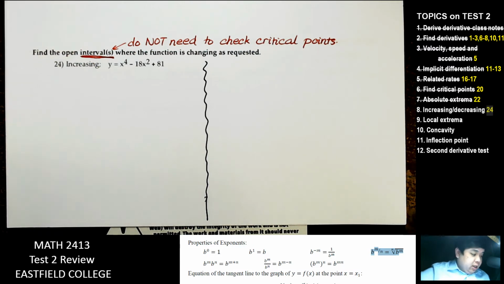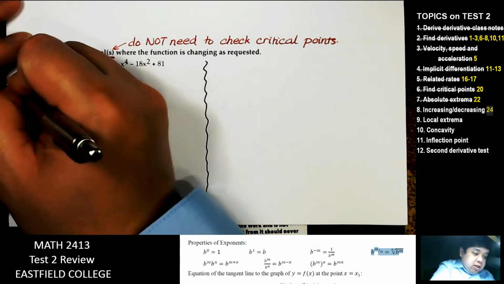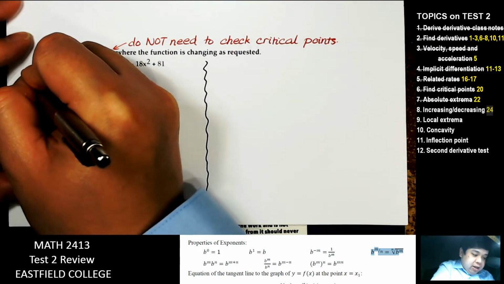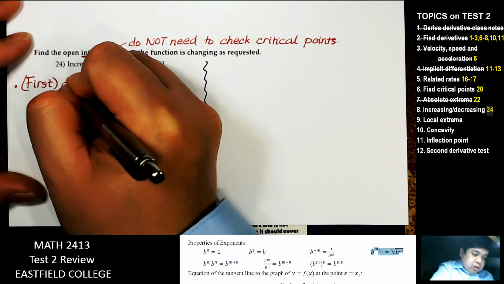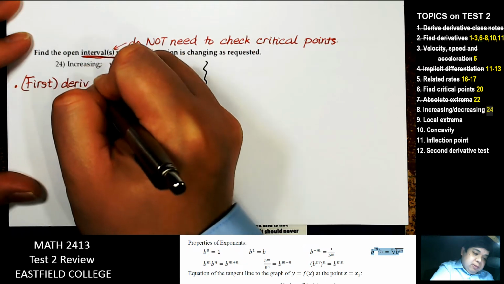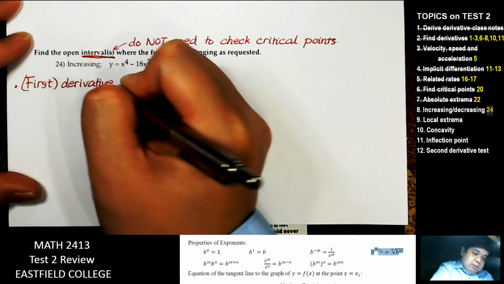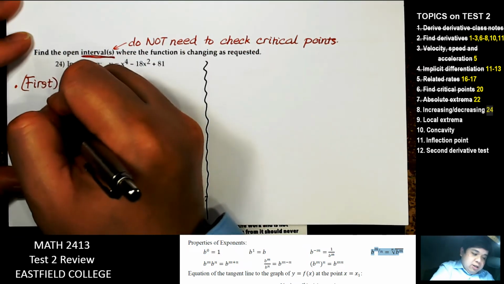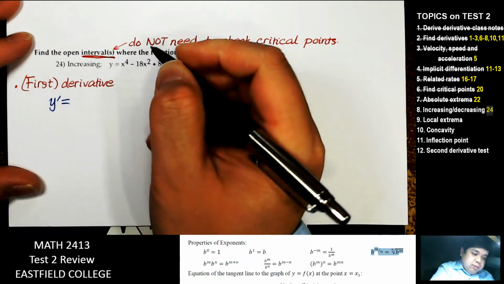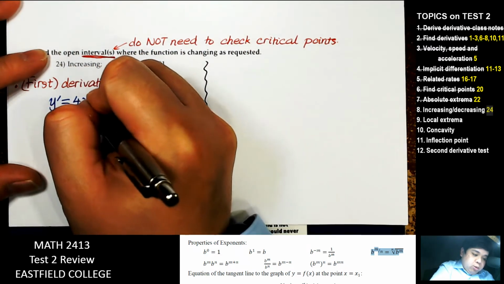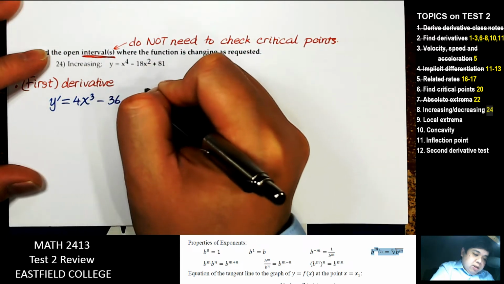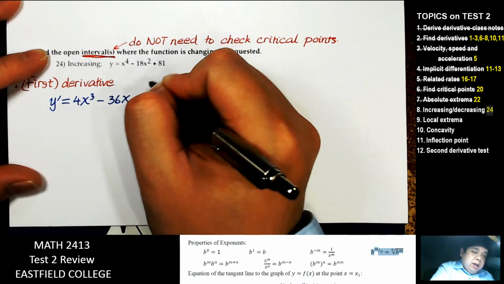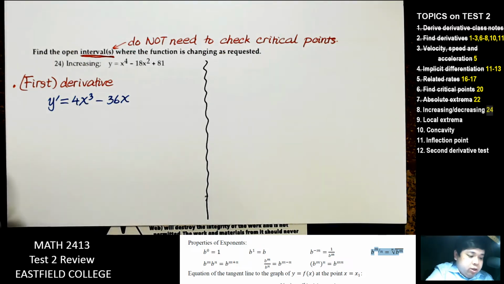We don't need to do it. So first is the derivative, the first derivative: x cubed minus 36x. The derivative is equal to 0.